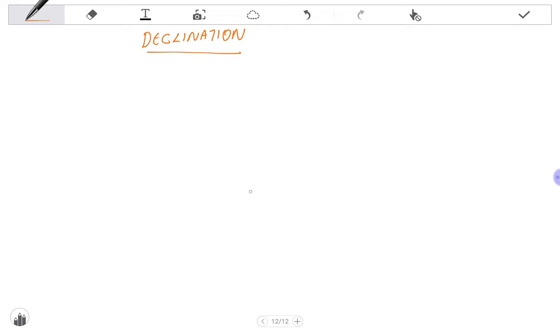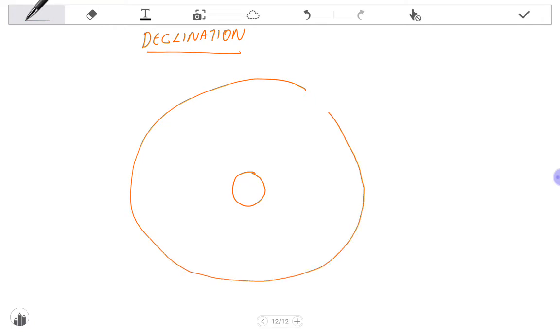So let's see what declination is. This is our Earth. This is the celestial sphere.